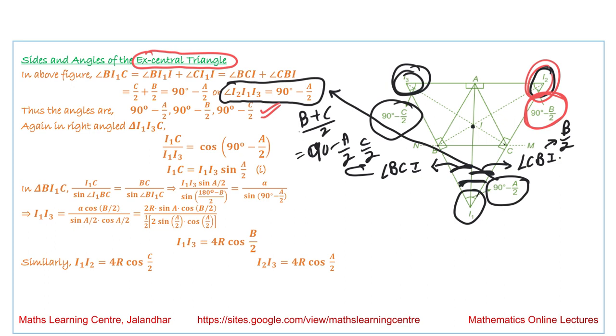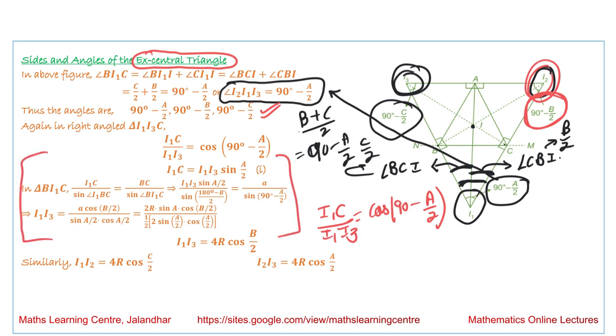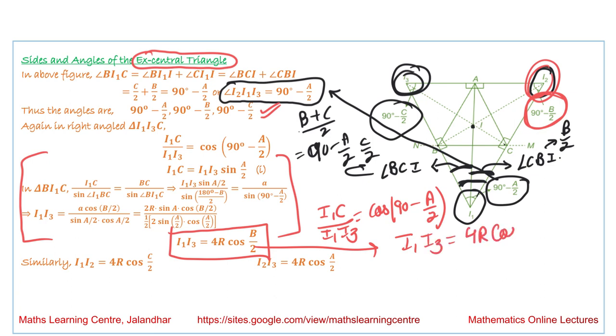Now we have to calculate the length of the sides. So we are writing I1C over I1I3 is equal to cos of 90 minus A by 2. And from this we can calculate these calculations. These are shown over here, you can see them on your own. We can see that the value of I1I3 we obtain is equal to 4r cos B by 2.